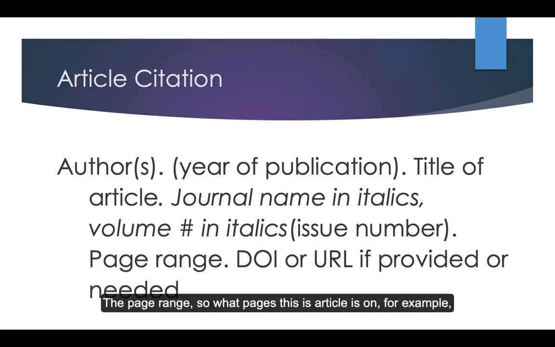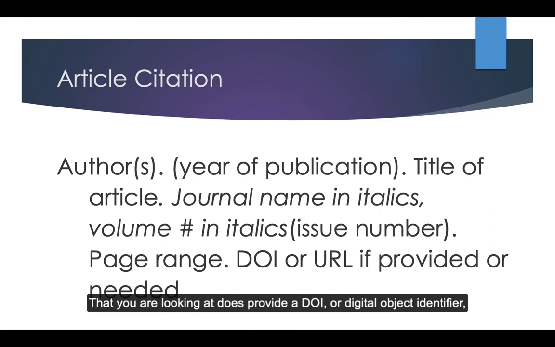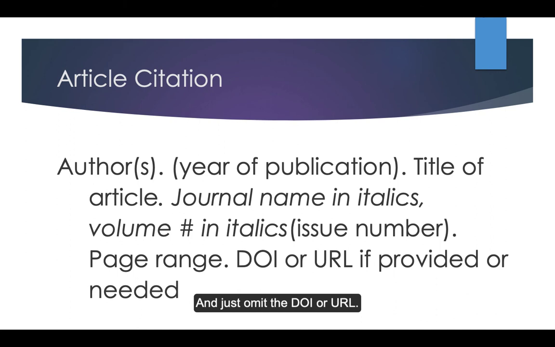So what pages this article is on. For example, is it pages 5 through 15? And if the database that you are looking at does provide a DOI, or digital object identifier, please go ahead and add that. If it doesn't, you're going to cite it as a print and just omit the DOI or URL.